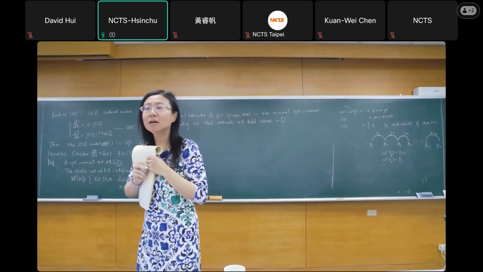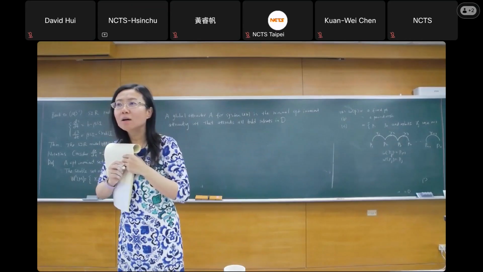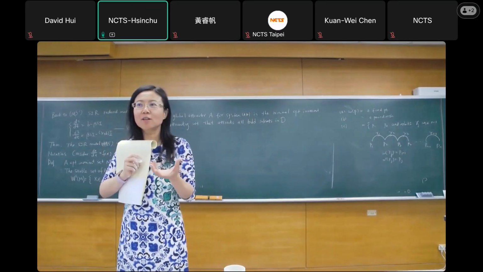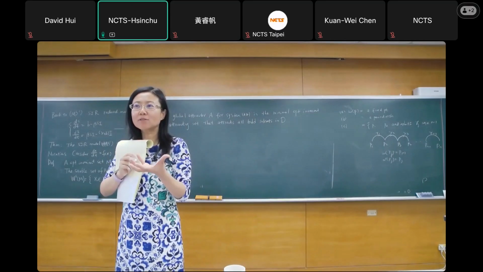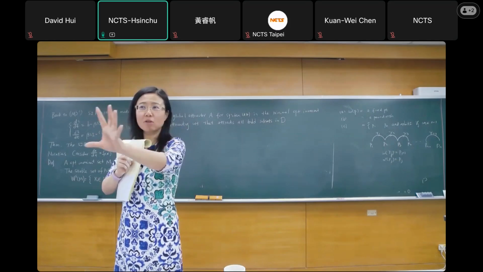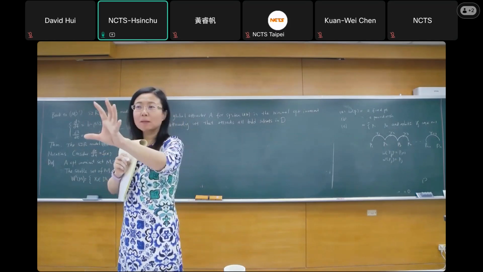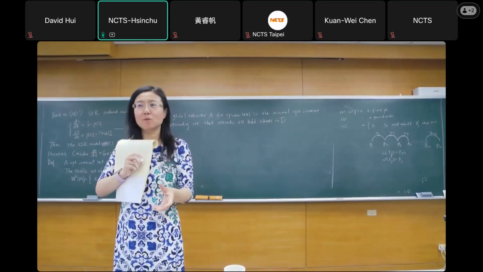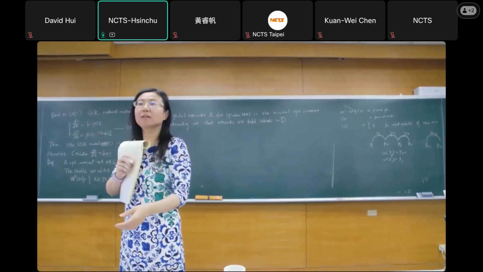About the compact. Why do we need the compact? With compact, you have a lot of things nicer structure-wise. Topologically, compact means any open cover has a finite subcover. But the point is, in Euclidean space, compact means something super simple. It's closed and bounded.